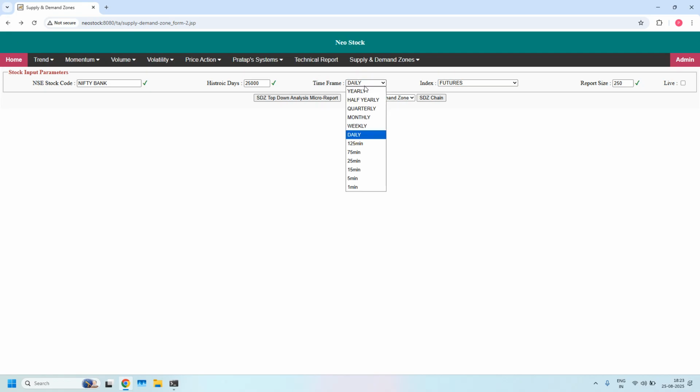Next, generating 125 minutes supply demand zone chain for Bank Nifty.